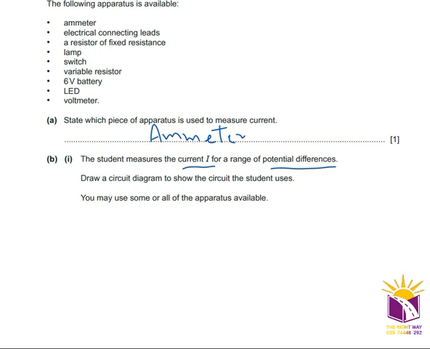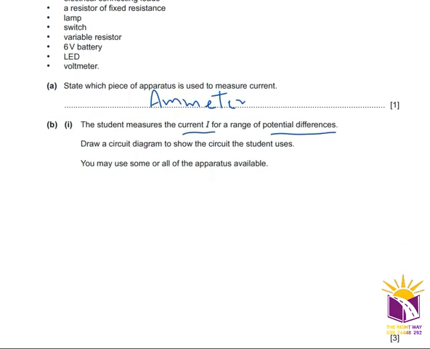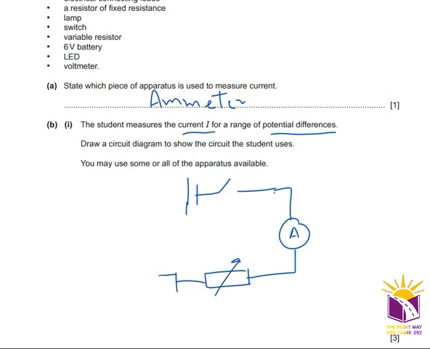So first of all I am going to use my battery, then switch, then I am going to connect my ammeter over here to find the current in the circuit, then the variable resistor, then the fixed resistor or the lamp, then it will be closed with the battery.